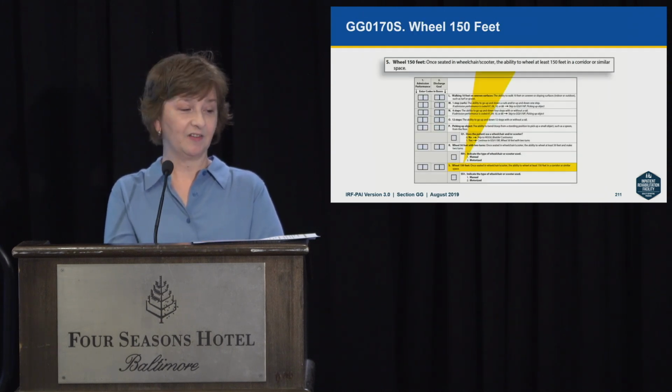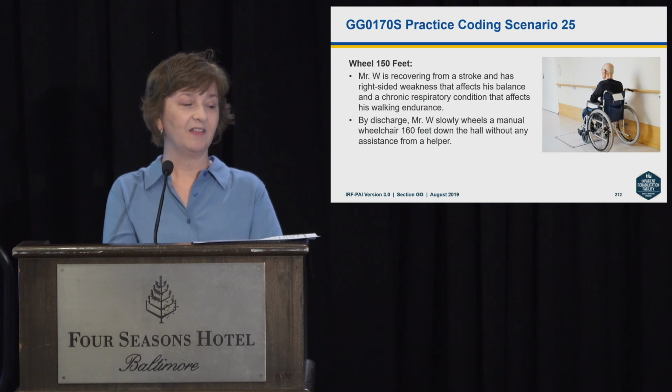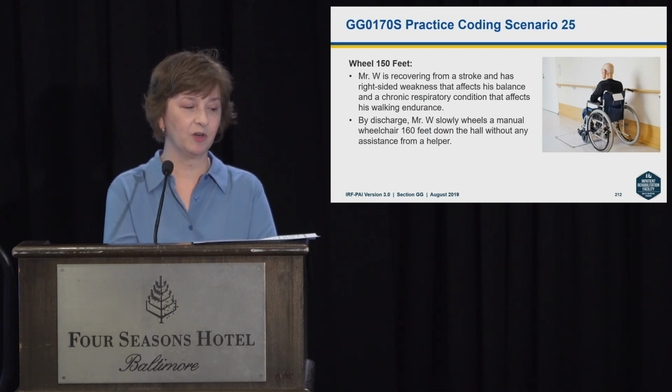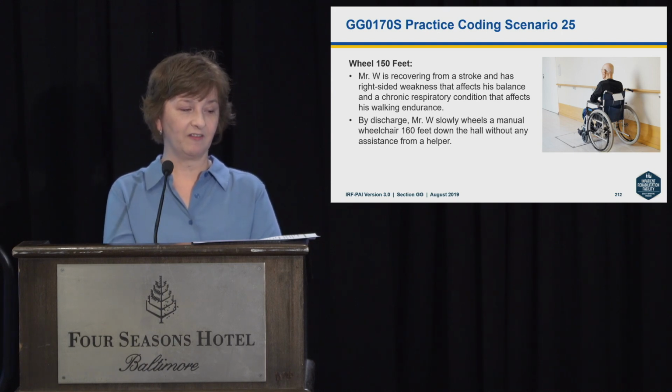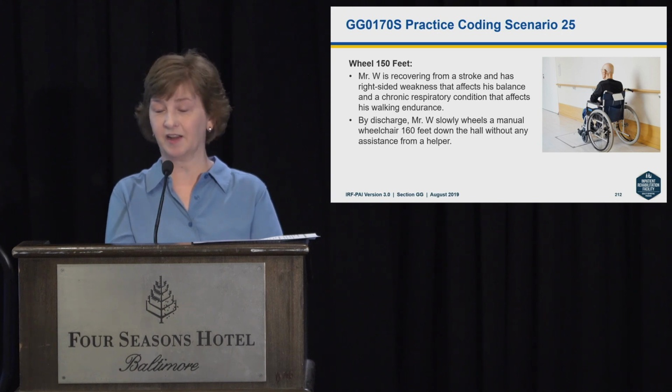150 feet is, once seated, the person's ability to travel 150 feet in a corridor or similar space. The example that we have here, Mr. W is recovering from a stroke. He has right-sided weakness that affects his balance and a chronic respiratory condition that affects his walking endurance.